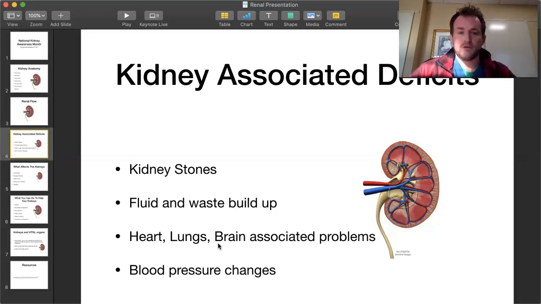So the heart, lungs, and the brain and associated problems. So as I said, if you've got fluid buildup, your heart has to work harder to pump that fluid through the body to make sure that your muscles, your brain, your other vital organs get adequate pressure and get the nutrients they need to survive.